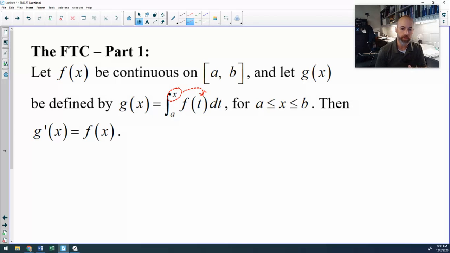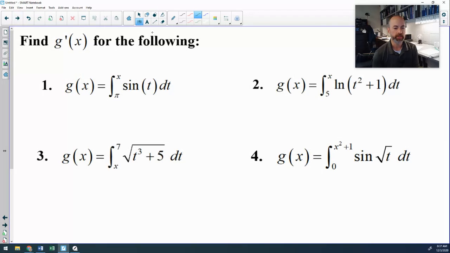Now, one thing you do want to check for, you want to make sure that you are going from a constant. You need to make sure that your lower limit is a constant, because if it's not, we will have to address that. But as long as that lower limit is a constant and you're going from constant to x, then your derivative is quite easy. So let's do a couple of examples of this. I have 4 right here.